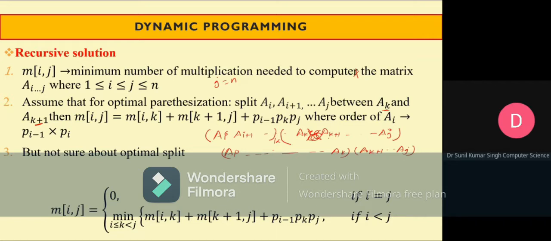So k can vary. How many values can k take? It can take j minus i values. Starting from k equal to i, it will go till j minus 1. You can see here.